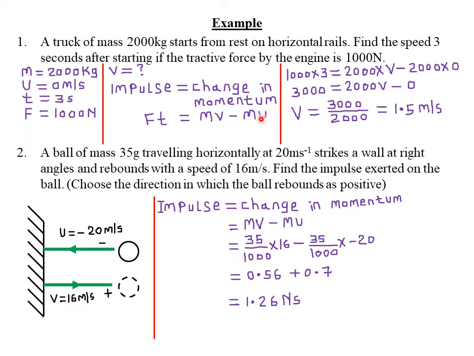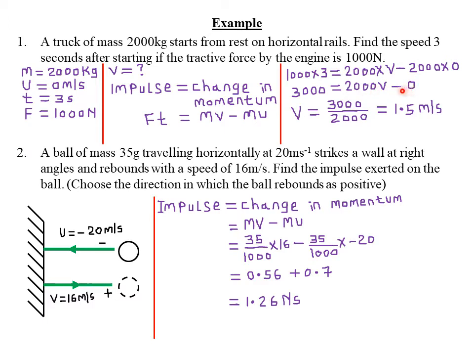Therefore u is 0, so we have mass 2000 multiplied by 0, and the whole of this quantity, negative 2000 times 0, gives 0. Therefore 1000 times 3 gives 3000, of course in newton seconds, being equal to 2000 v minus 0.